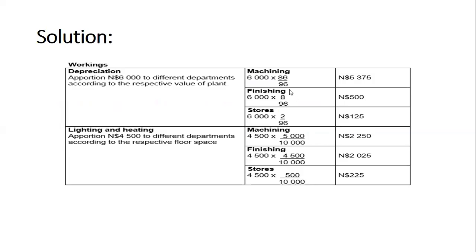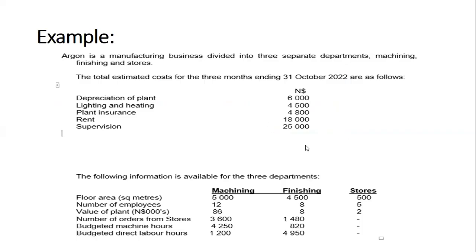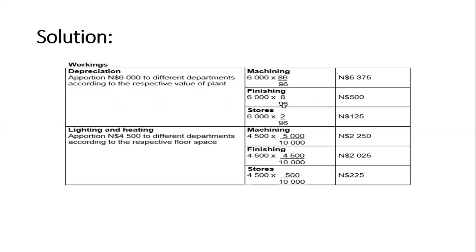So we take the 86 and divide it by 96, and we get 5,375 Namibian dollars. For finishing, you take the 6,000 and multiply it by 8 over 96, where 96 is the total. 8 over 96, and you get 500.